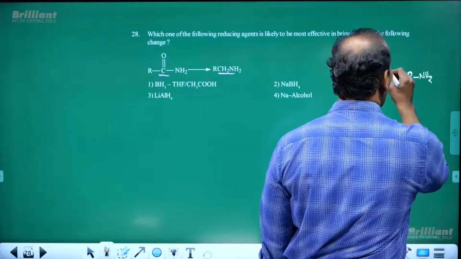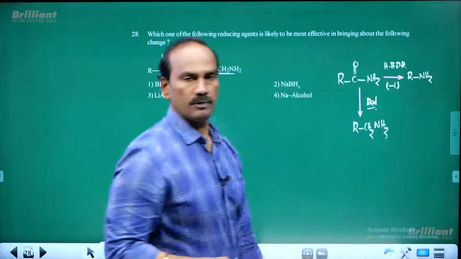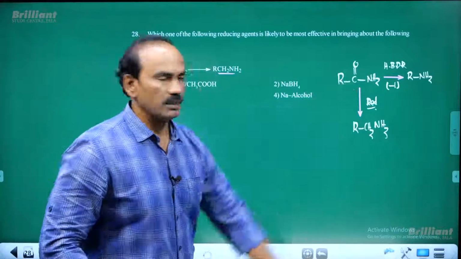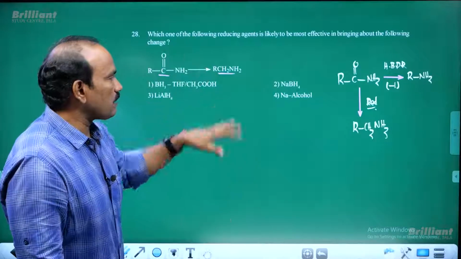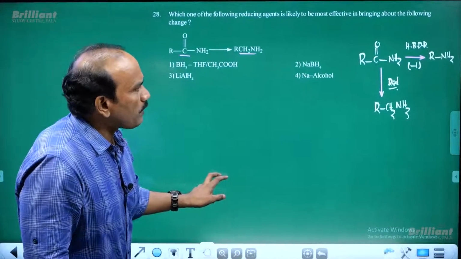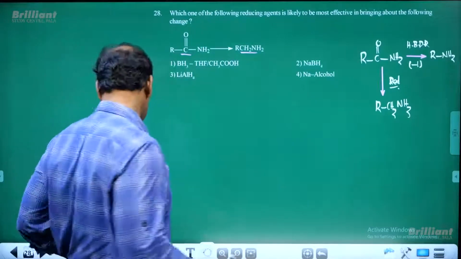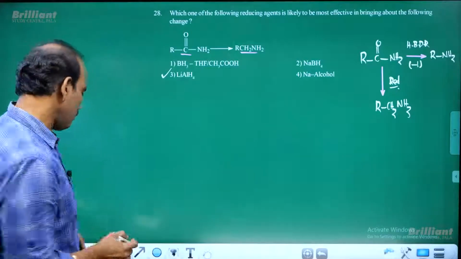This is the Hofmann bromamide degradation reaction. That is a very important concept. Clear? In this one, the same number of carbons are there. It is a reduction. What is the most effective reagent? The answer is this one.